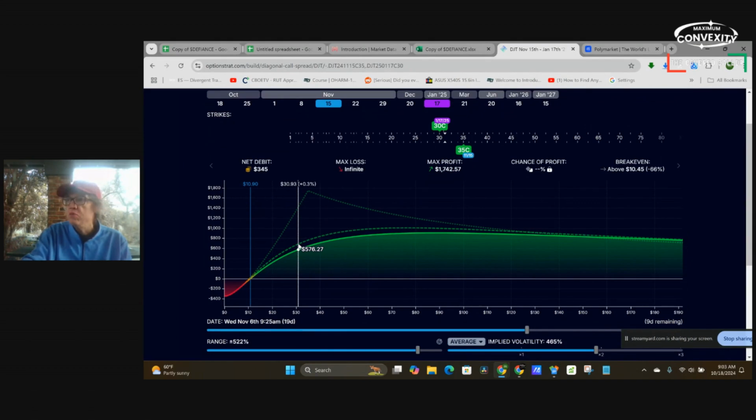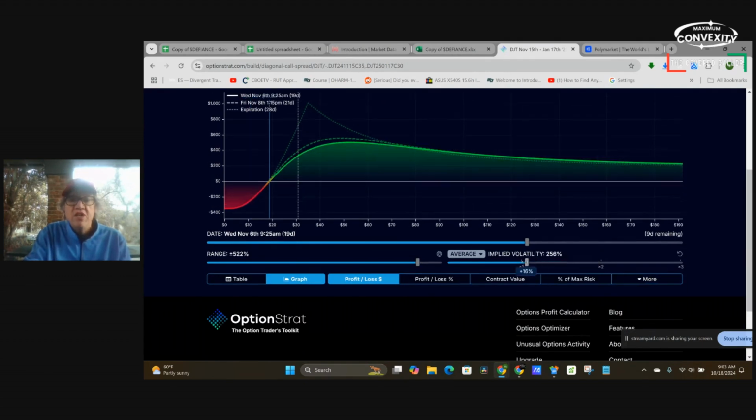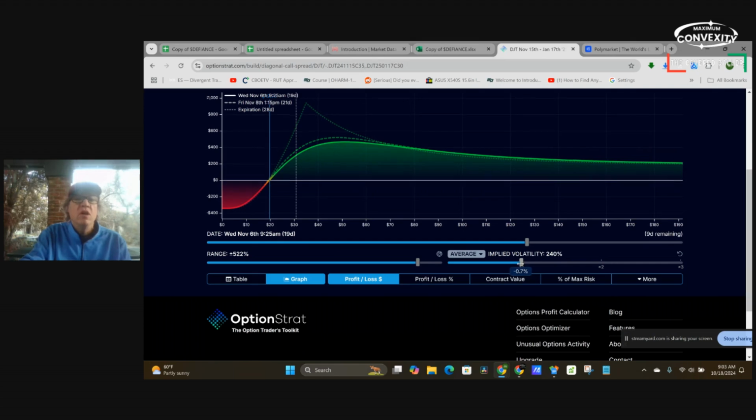Okay, that equals whatever that equals. It's too early in the morning. If Trump wins, depending on what happens to volatility, even if the price of DJT doesn't move, and even if volatility stays where it is, you make $317. You almost replace the money you lost on the Kamala side of it.